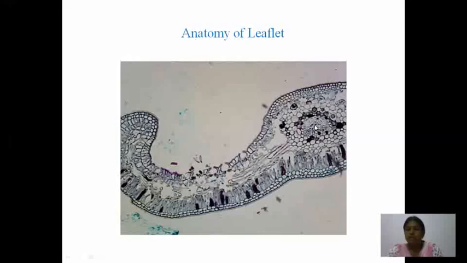Whereas in the centrifugal, you will see the xylem is arranged in a semicircular form. It is different from the parenchymatous zone, and it looks like secondary growth. It gives an idea of secondary origin, but it is associated with tracheids and phloem.